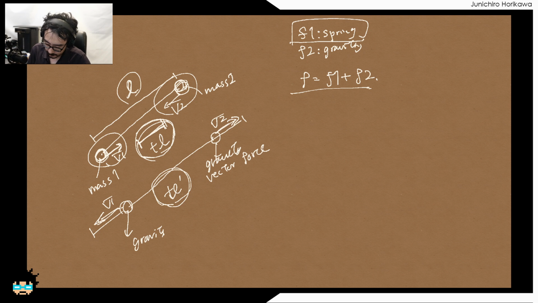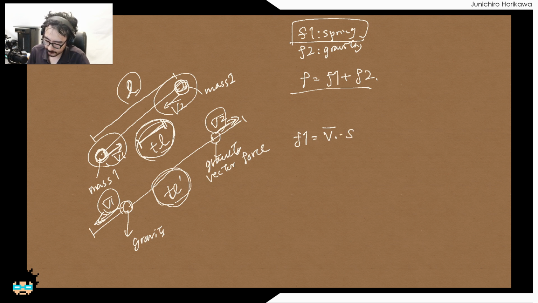So let's call this F1 equal to, since this is a vector value, I'm going to use this unit vector V1 or V2. Let's start with V1, the V1 unit vector. And I also have to define the strength of this force.